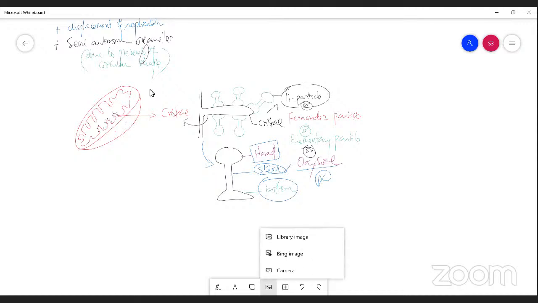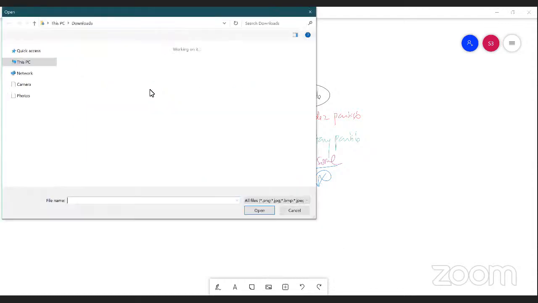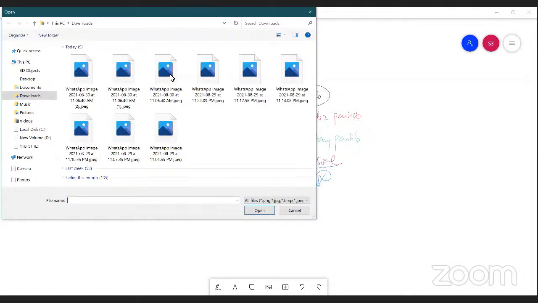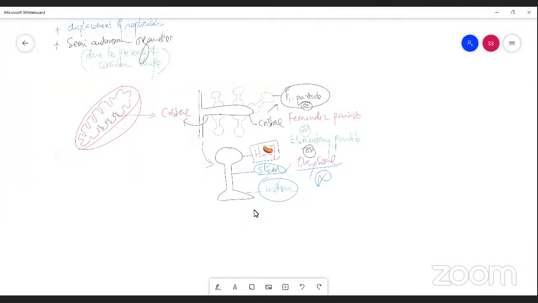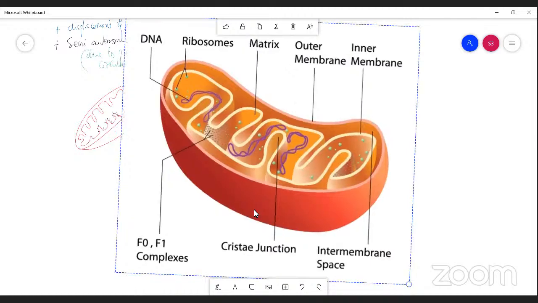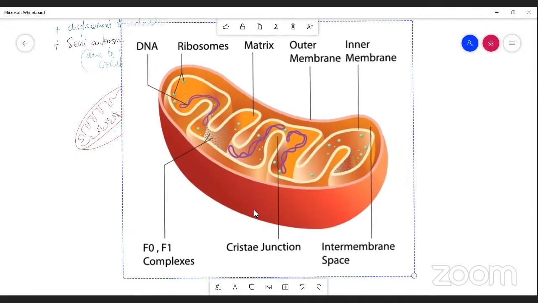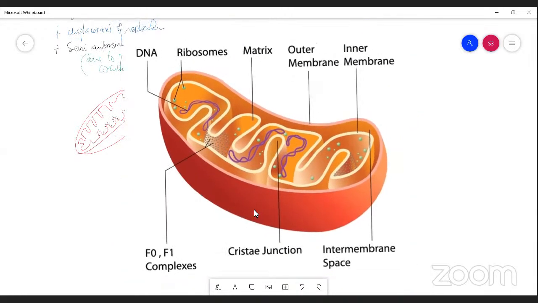Do you want to see the original structure of mitochondria? Yes, sir. Now, this is a mitochondria. Mitochondria consists of an outer membrane and an inner membrane, right?